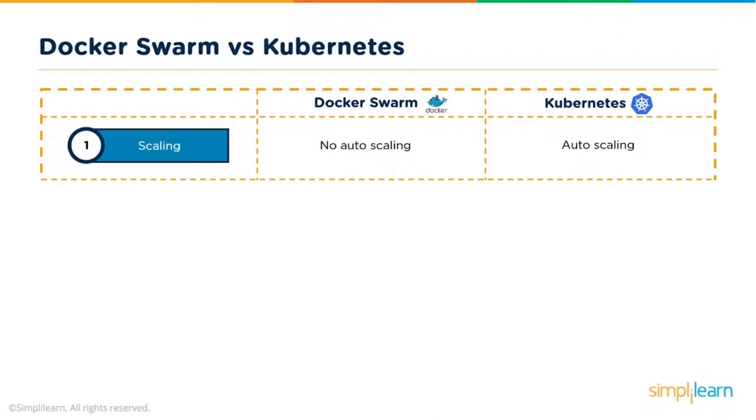Putting those differences aside, let me compare Docker Swarm and Kubernetes based upon other features which are similar in nature. The first and important feature that Kubernetes provides is something called auto-scaling. If the load on your cluster is too high and your application is experiencing more load, Kubernetes can add new nodes to your cluster.